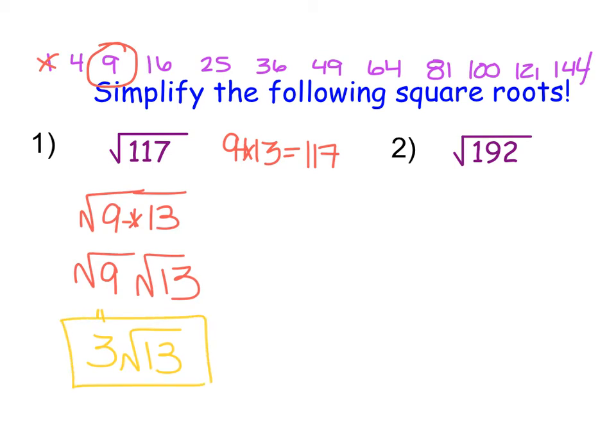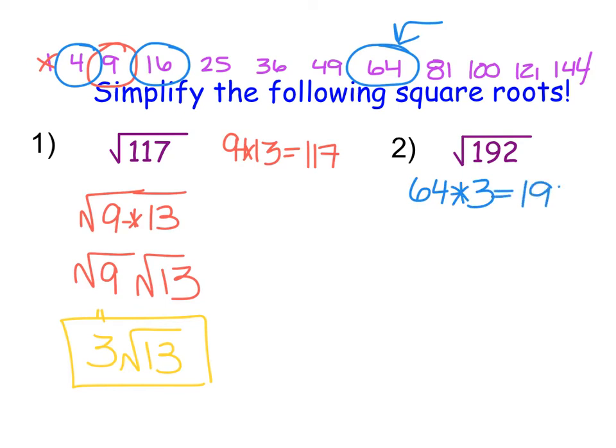so I know that it is fully simplified. Now if I look over at 192, and I divide 192 by the perfect squares that I see, I know that 192 is divisible by 64, 16, and 4. Now if you're looking for a way to make this process a bit quicker, always rewrite it using the largest perfect square factor that you can find. So here we know that 64 times 3 gives us 192.